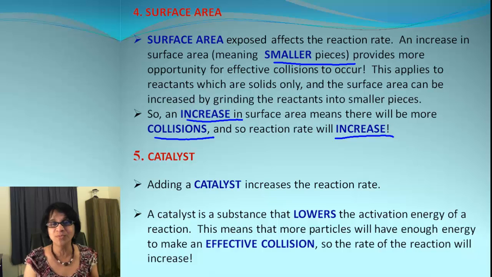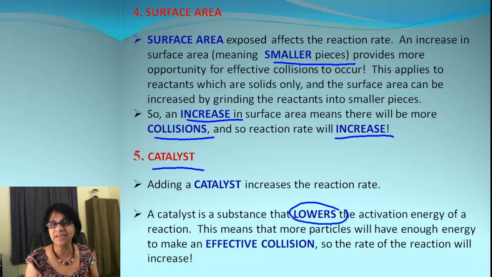Okay, there is one more important thing to keep in mind, and that is a catalyst. A catalyst may or may not be available for every reaction, but if it is available, it magically increases the reaction rate. And what does it do? There are different concepts. One of the important concepts is that it lowers the activation energy.